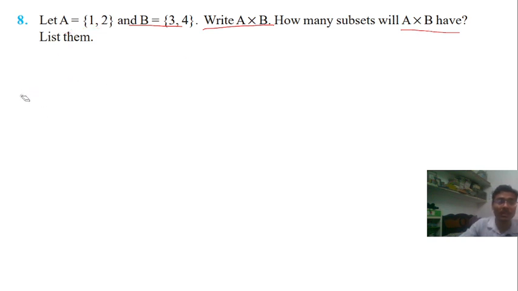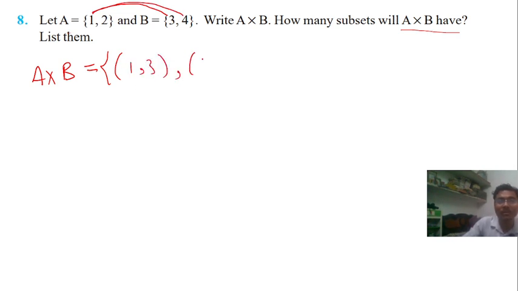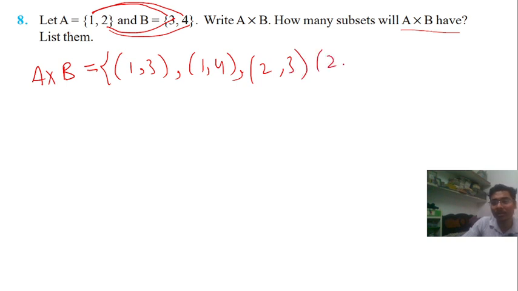So we'll first have to find the Cartesian product of A and B. To find A cross B, we'll write 1,3 and 1,4, and 2,3 and 2,4. That's how we get our Cartesian product A cross B. So the first part of this question is completed.